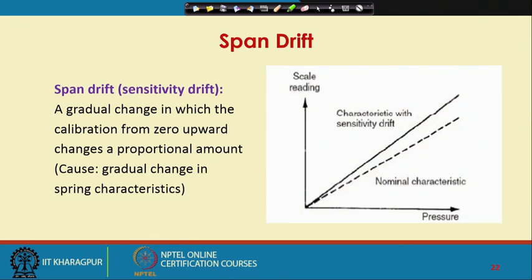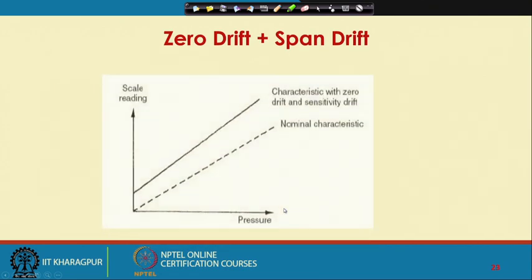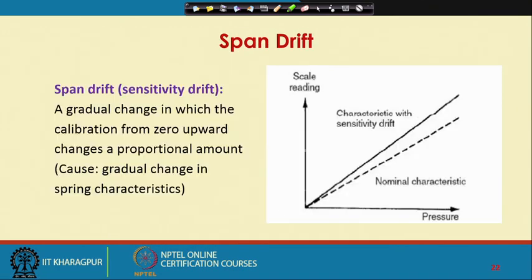The span drift is a gradual change in which the calibration from 0 upward changes by a proportional amount. It is caused by gradual change in spring characteristics. Let us consider the same pressure gauge. Here there is no zero error, but see the calibration has gradually changed as we go on increasing the pressure.